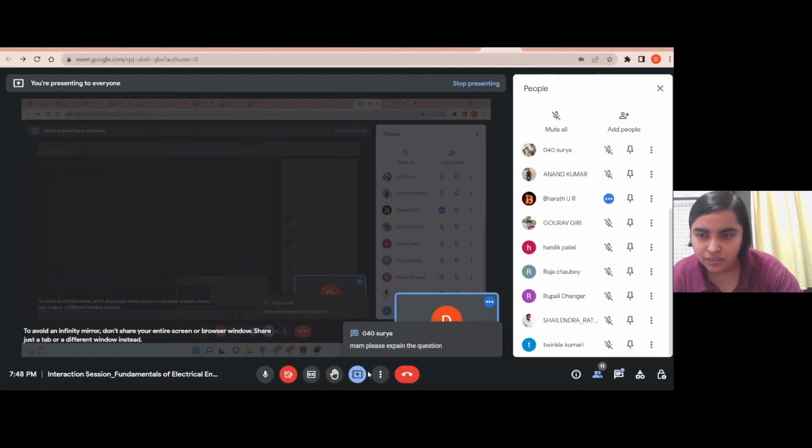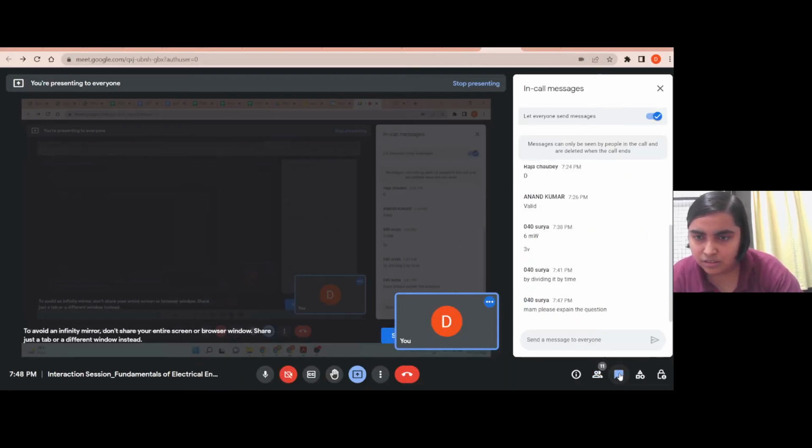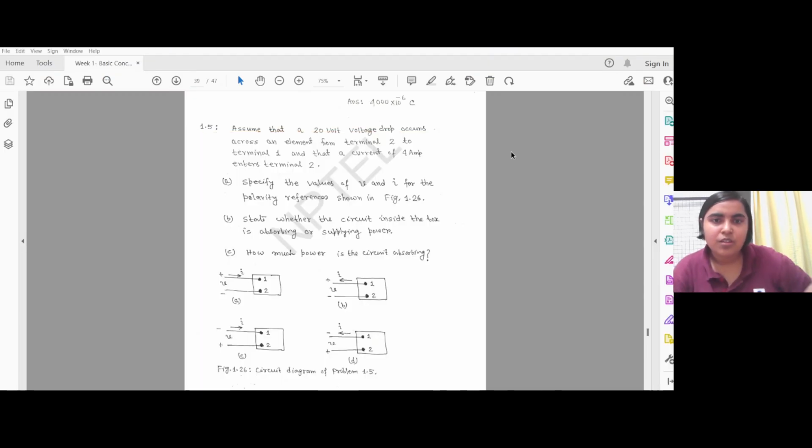Okay, let's see. So this voltage that is applied here is given as 20 volts. Voltage drop means as we go down the circuit, this is the negative terminal and this is the positive terminal, right? So we have a voltage drop across terminal 1 2. So this V is given as 20 volt.